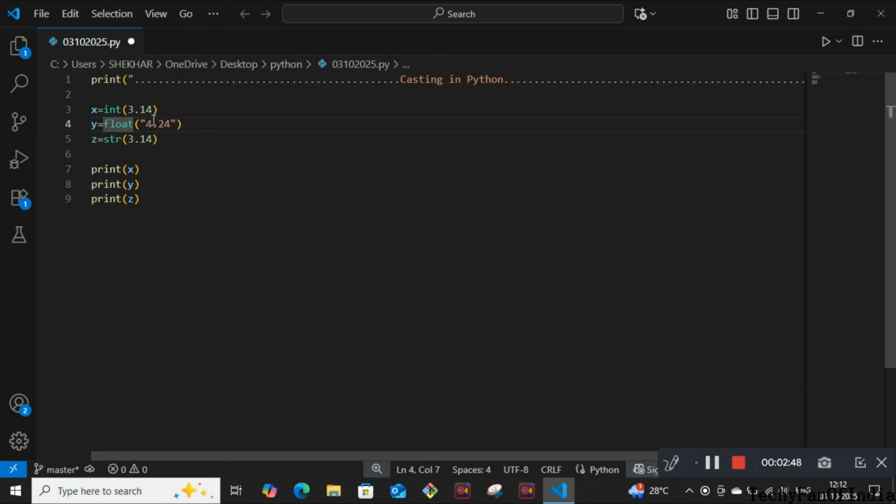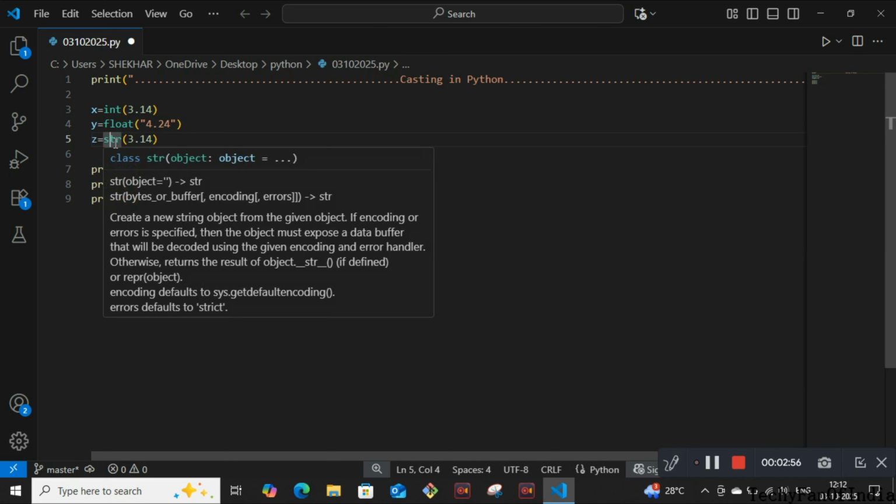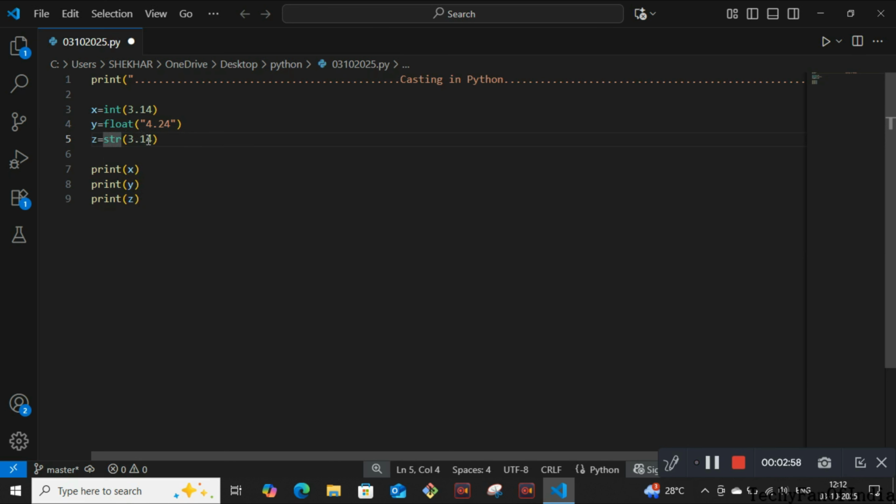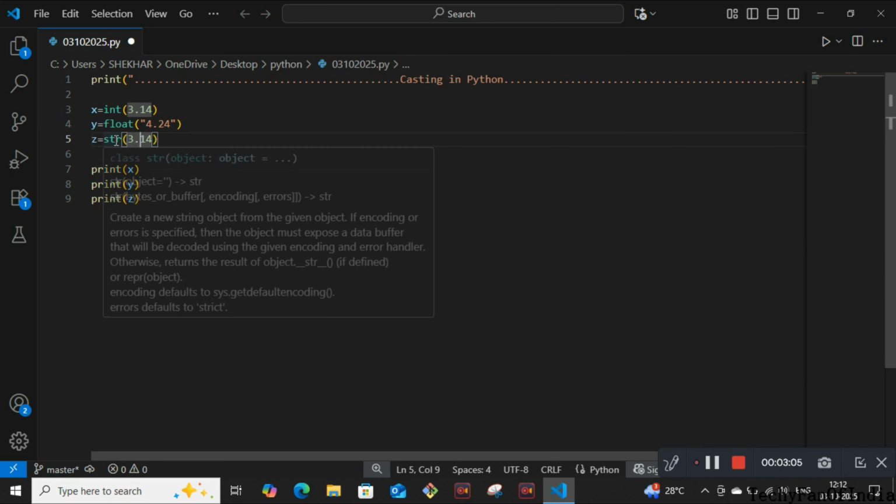So we are considering here the integer, float and string, three values. We are printing the values also. What we have mentioned inside the values is the casting. So what is casting? The value 3.14 is a float, and we are casting it inside the int.